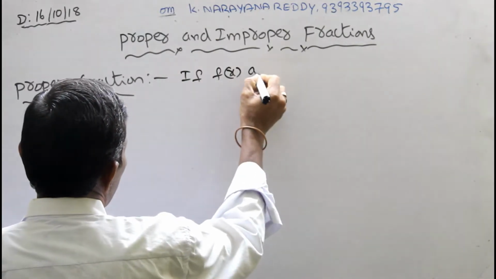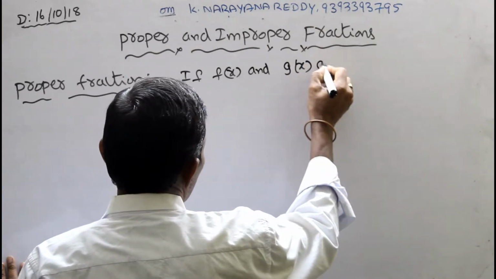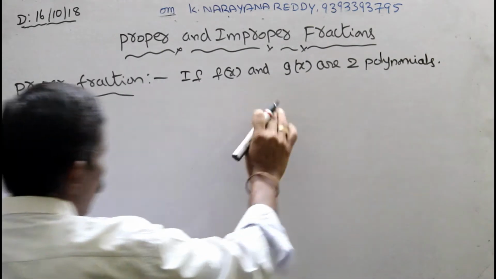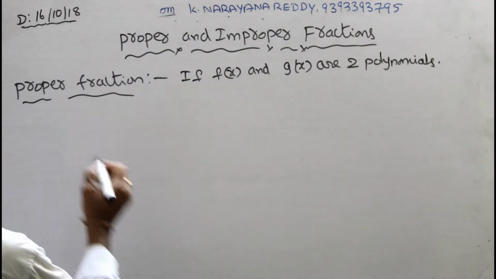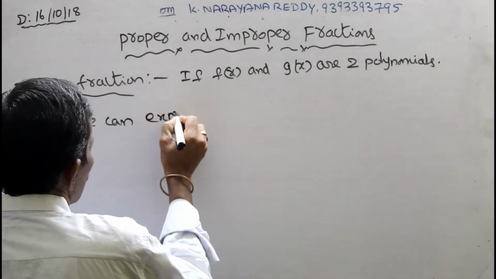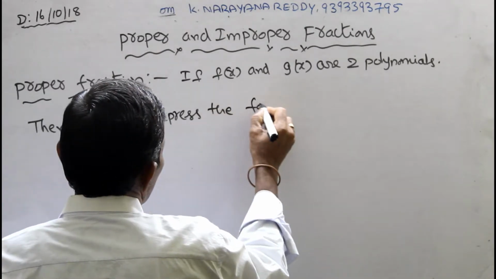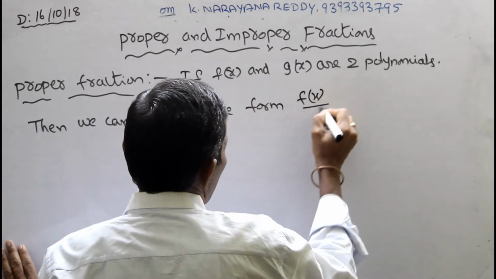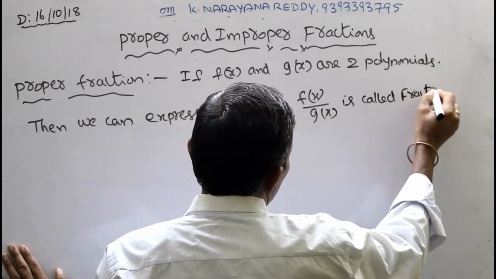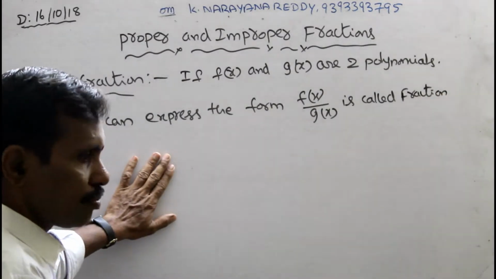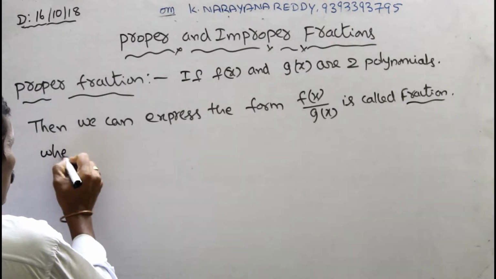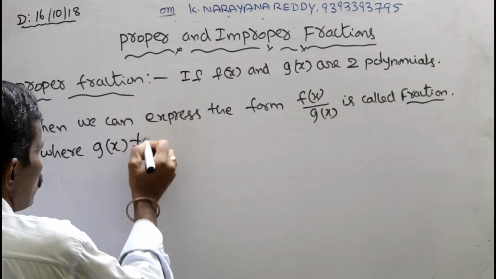If f of x and g of x are two polynomials, then we can express the form f of x divided by g of x, which is called a fraction, where g of x is not equal to 0.